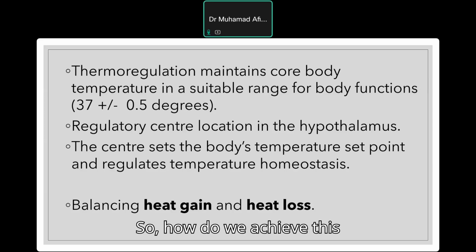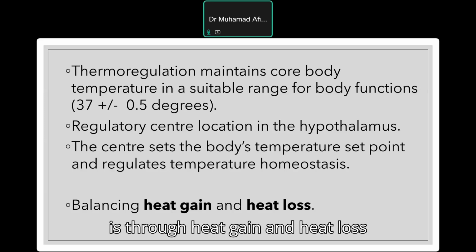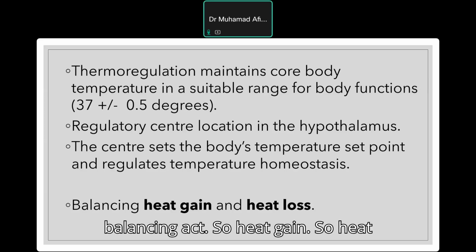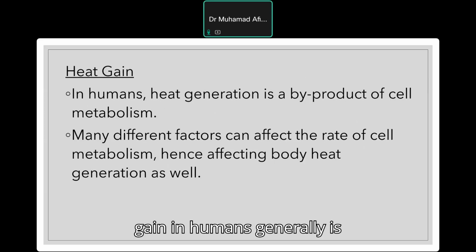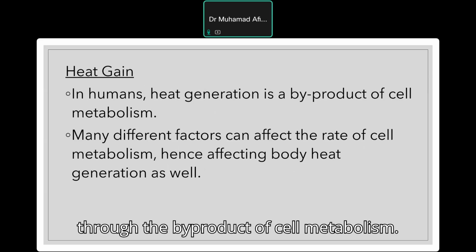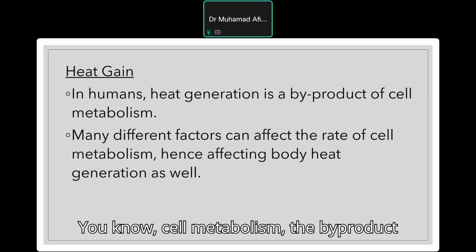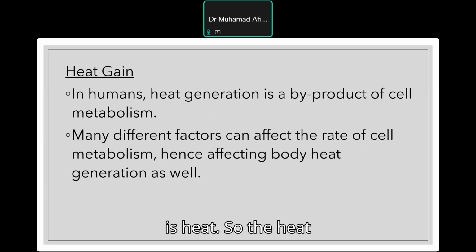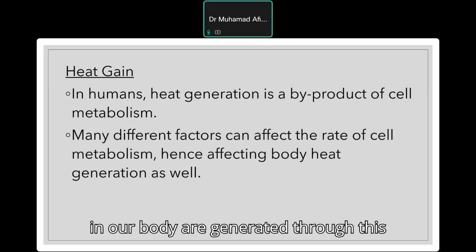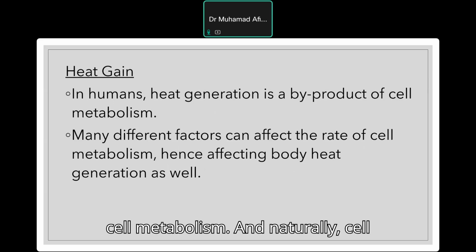So how do we achieve this? It is through a heat gain and heat loss balancing act. Heat gain in humans is generally through the byproduct of cell metabolism. The byproduct of cell metabolism is heat, so the heat in our body is generated through cell metabolism.